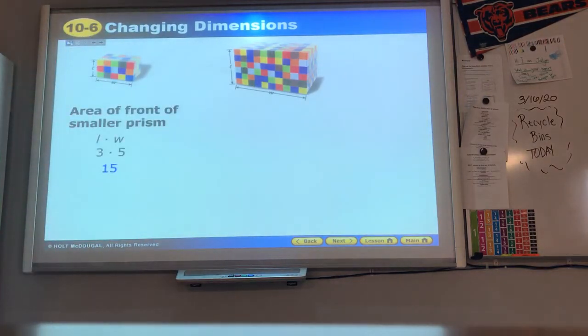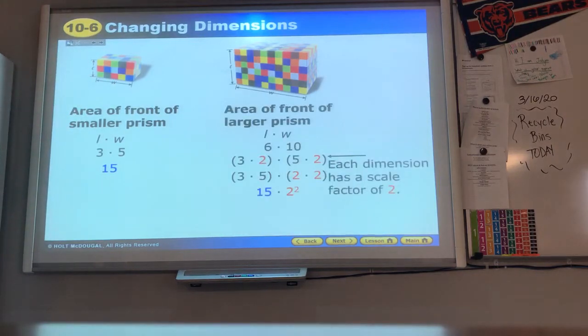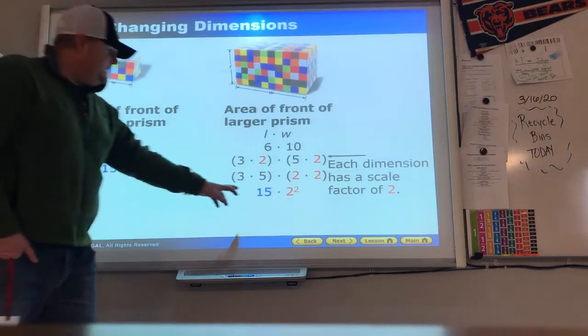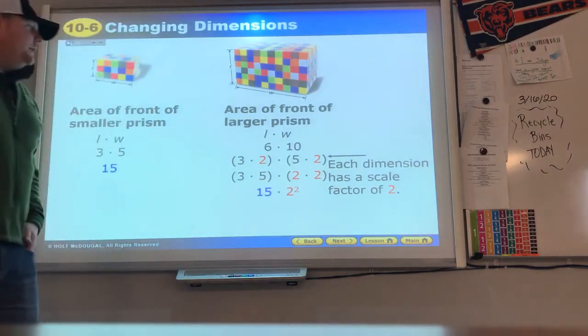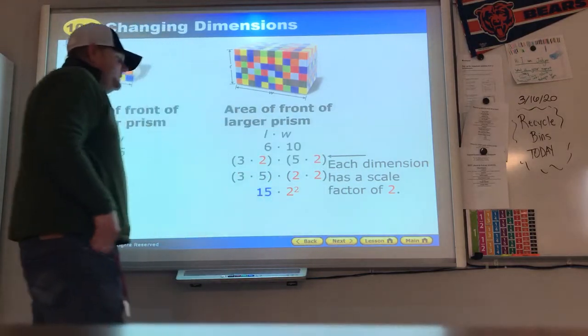Area of the front of a smaller prism. Area of the front of a larger prism. 15 times 2 squared. So we know that 6 times 10 was 60.